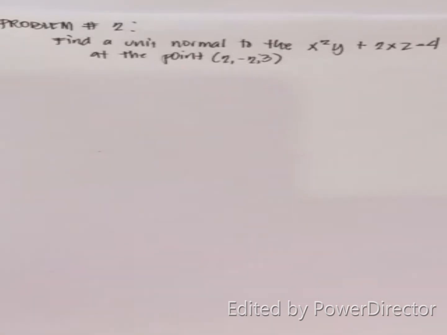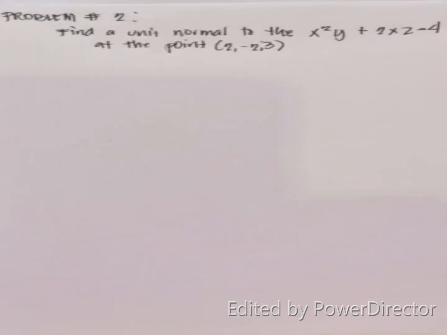Now in our problem number 2, find a unit normal to the surface x squared y plus 2xz equals 4 at the point (2, -2, 3). So now we are going to find the partial derivatives of the function.